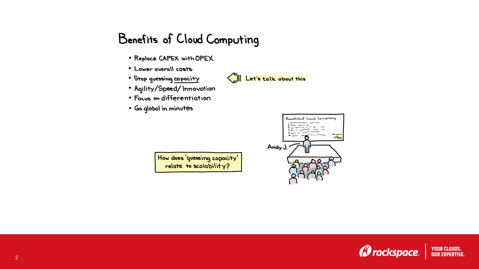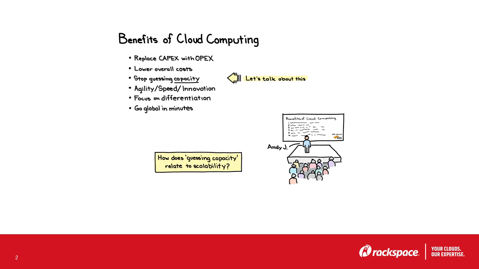By moving to the cloud, you can lower your overall cost by leveraging some of the economies of scale that AWS provides you at their scale. You can stop guessing capacity. And this is what we're going to talk about today, and I'll come back to that shortly. Another benefit of moving to the cloud is the agility and speed at which you can innovate.